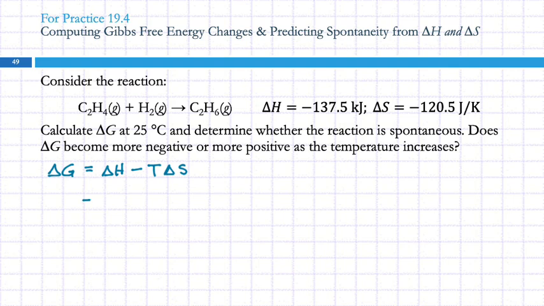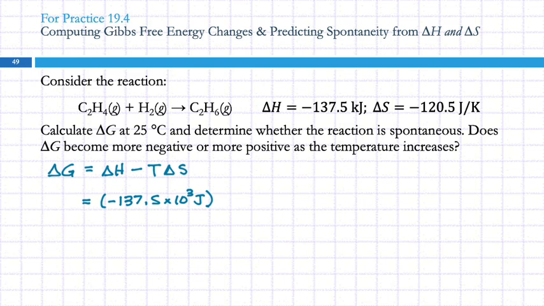So we're told what delta H is, right? Negative 137.5 kilojoules, but we also have entropy in here, which is in joules. So I'm going to do the fast change into joules, right? 10 to the 3 instead of kilo.